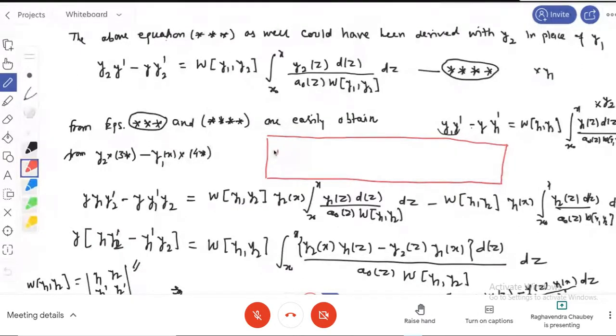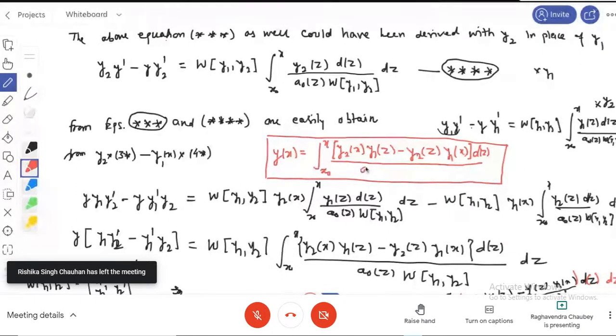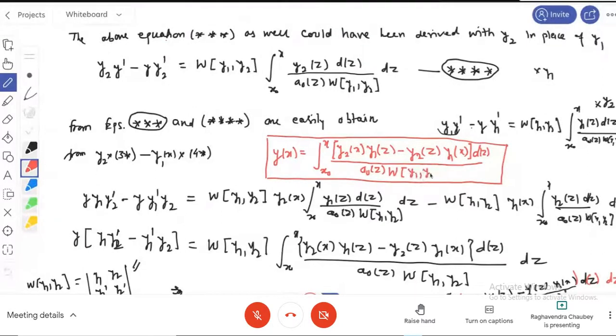The general solution y(x) equals the integral from x naught to x of y2x y1z minus y2z y1x, and that is multiplied by your non-homogeneous term f(z), and then integrate dz. In the denominator is a naught z and the Wronskian of y1 y2.